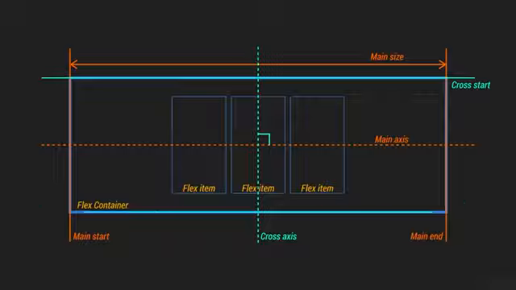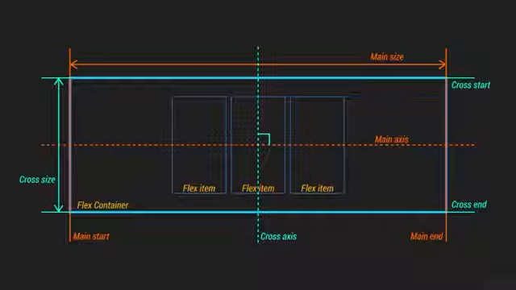Cross start and cross end specifies the placement of items inside the Flex container, starting from the cross start side of the Flex container and going towards the cross end side. And lastly, the cross size, which is the width or height of a Flex item, whichever is in the cross dimension, becomes the item's cross size.